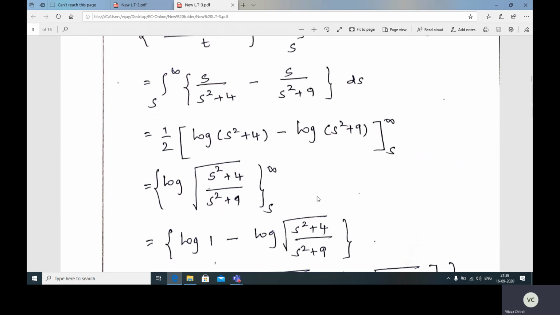We can write log m minus log n as log m by n. So this will be 1 by 2 log of s square plus 4 divided by s square plus 9. We can write this as log of s square plus 4 divided by s square plus 9 raised to 1 by 2, taking the square root also: log of square root of s square plus 4 divided by s square plus 9, with limits from s to infinity.